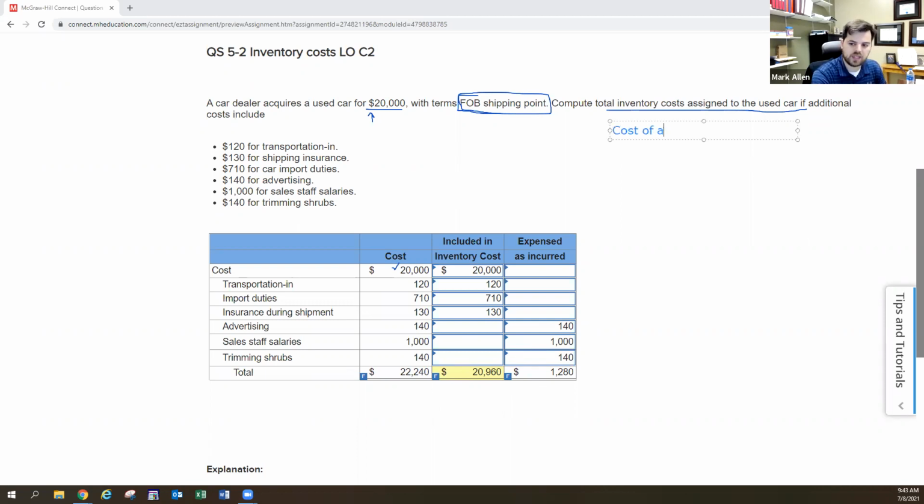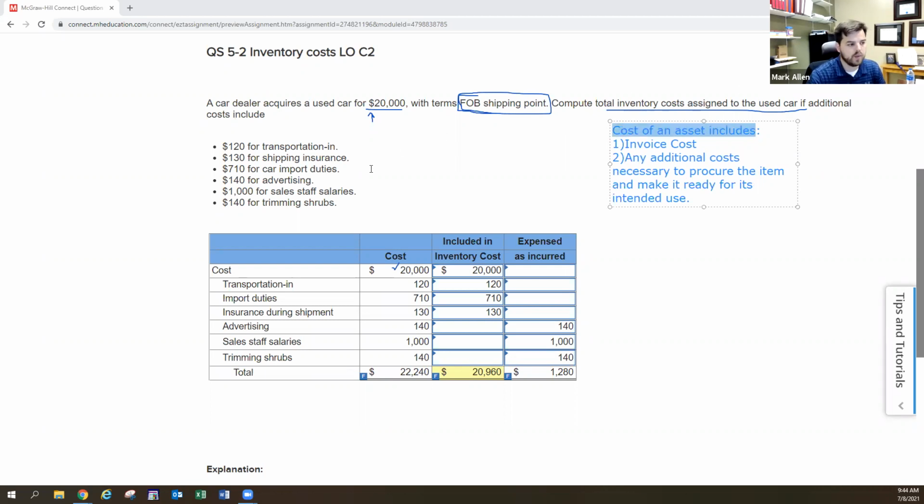So the cost of an asset includes the invoice cost and any additional costs necessary to procure the item and make it ready for its intended use. Both of those are things that will be included in the cost of the actual asset.